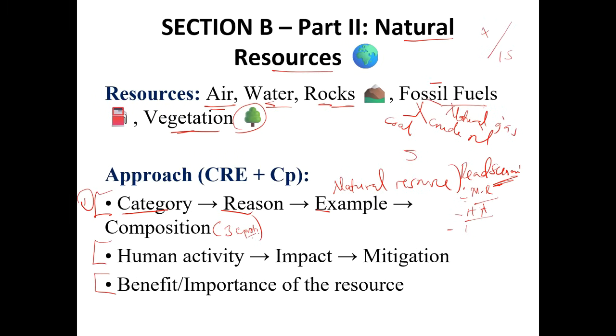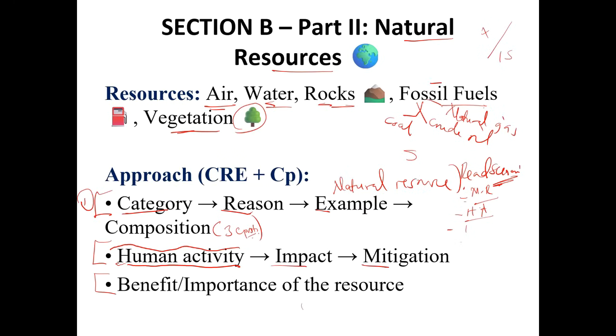The second paragraph, look at that human activity which is in the scenario. Some learners have started: the scenario doesn't have cutting down trees, but because it's the one they know, they just talk about that. It's not about what you know, but about what is affecting in the scenario. So talk about its impact and mitigation.